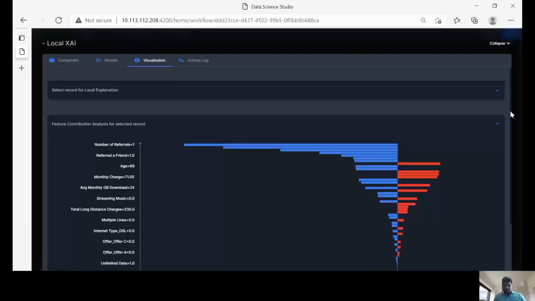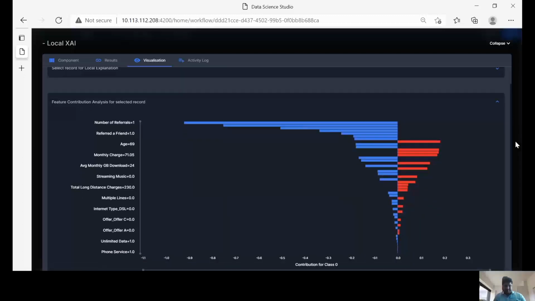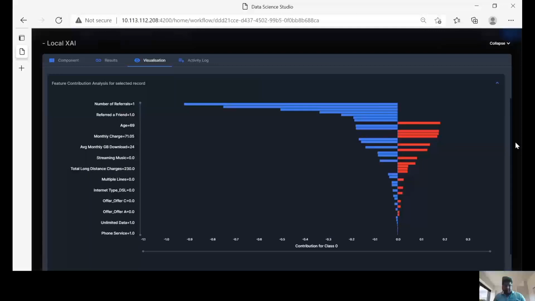So this basically leads to the conclusion that there are certain other aspects of a customer that the model is not really using to come up with the right prediction. Now we may have to bring those variables into the model and start using them, or we can be more careful about this group of customers, right?